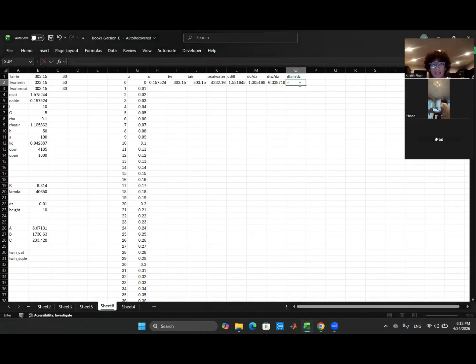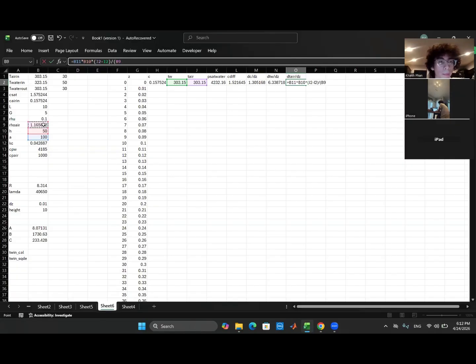And then we can move on to DT air DZ. So let's see. DT air is equal to packing times H times the difference in the temperature, T air minus T water, all divided by rho air times heat capacity of air times G. And then we don't forget to lock these two.